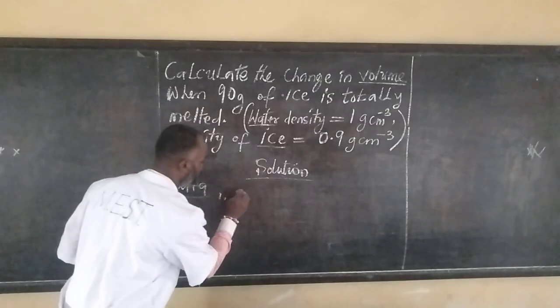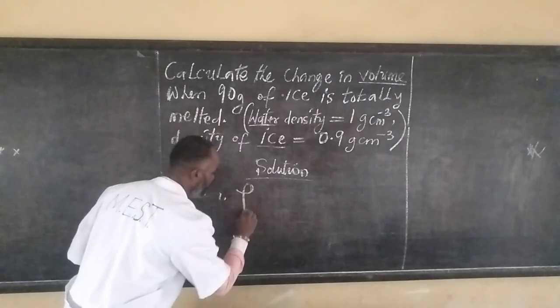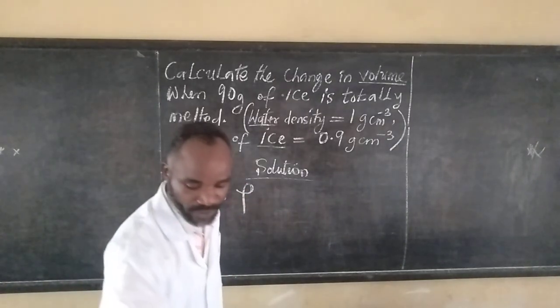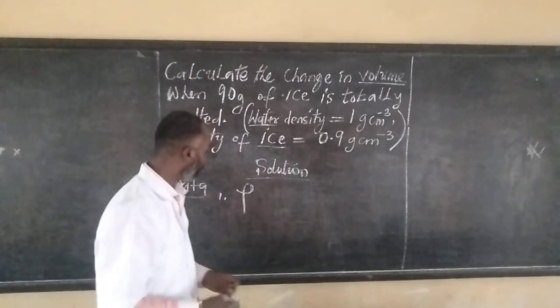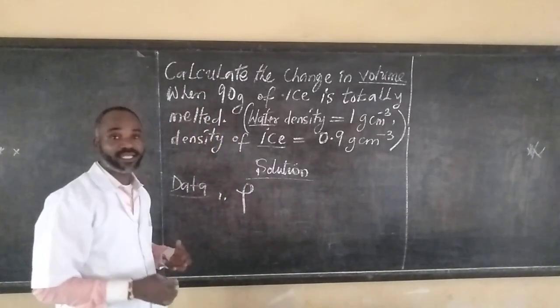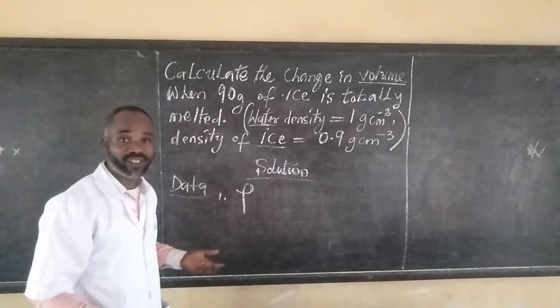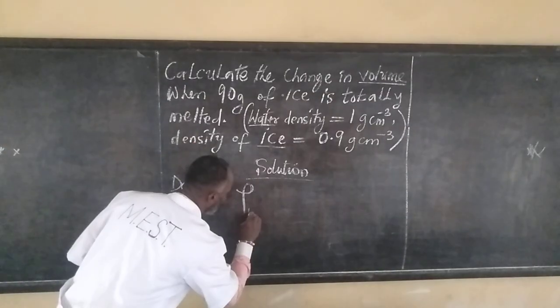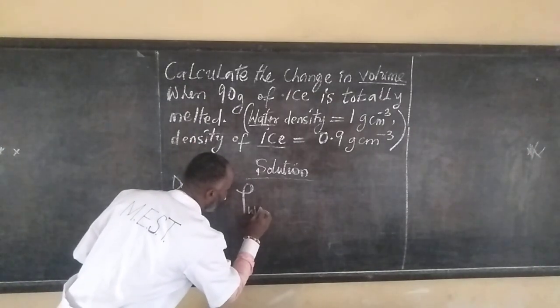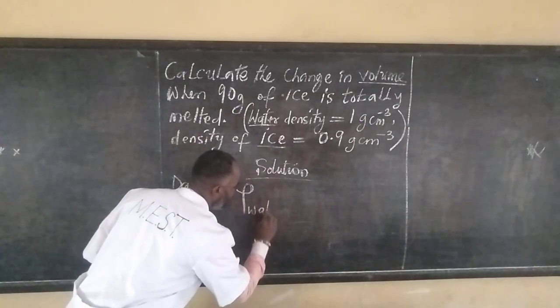I'm going to use rho. This symbol stands for rho. It's a Greek letter used in science for representing things like density, conductivity, and the rest of them. So water density is given as this.